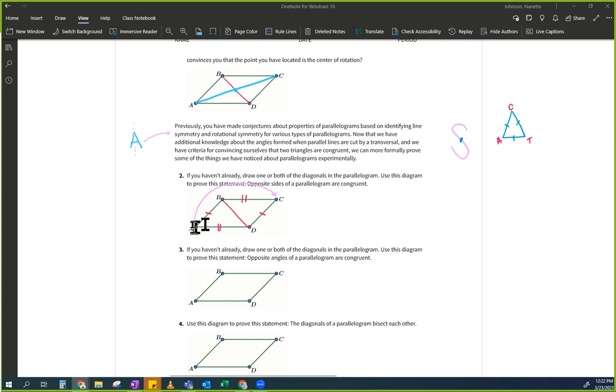Does everybody see my A going all the way around to C? So you're right. B has to land on D, right? And then similarly, I need another color. D lands on B. Is everybody good with that?